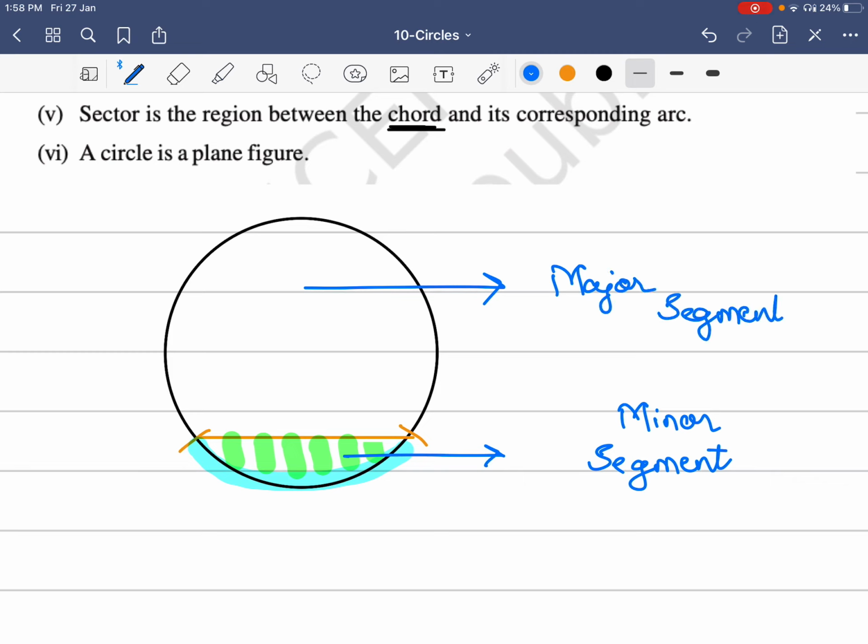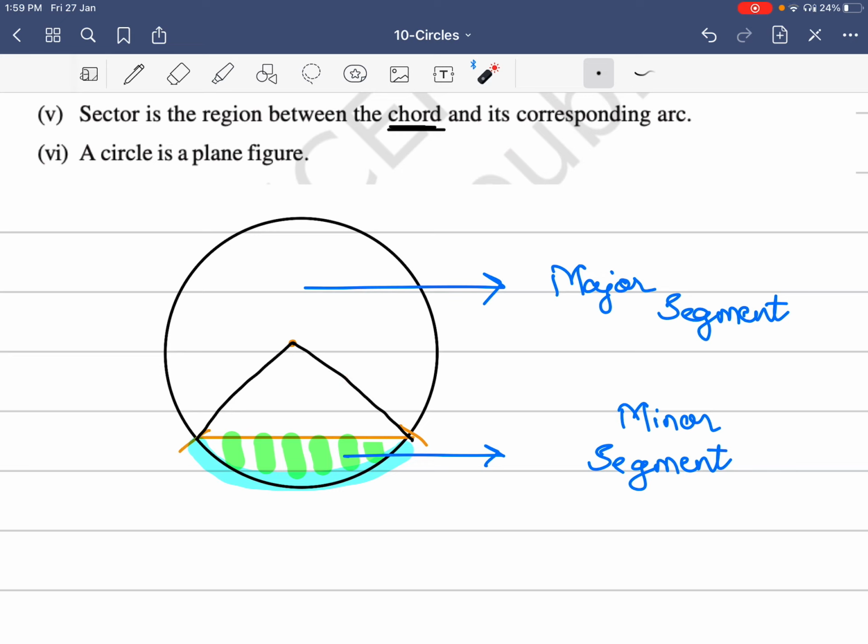What is a sector? Let's quickly see. If this is the center of the circle, and I draw these two lines connecting the center to the endpoints of the chord, basically the radii, so from the center you draw a radius to one endpoint and a radius to another endpoint, then this whole region will be called a sector.